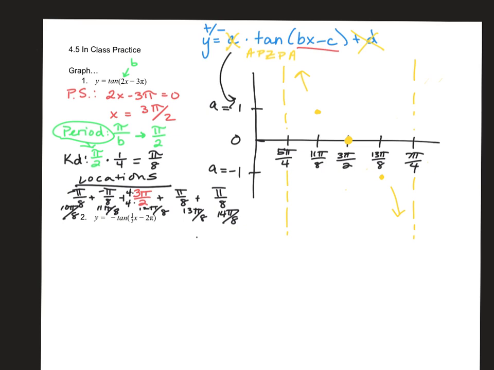And the way we tell is based on the a value. So if our a value is positive, then the right end behavior of the graph is going to point up. If our a value is negative, the right-hand value of the graph is going to point down.